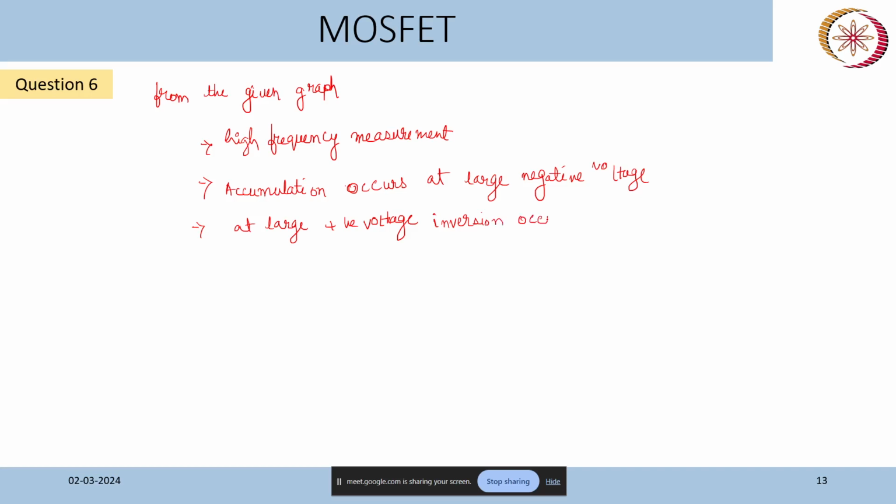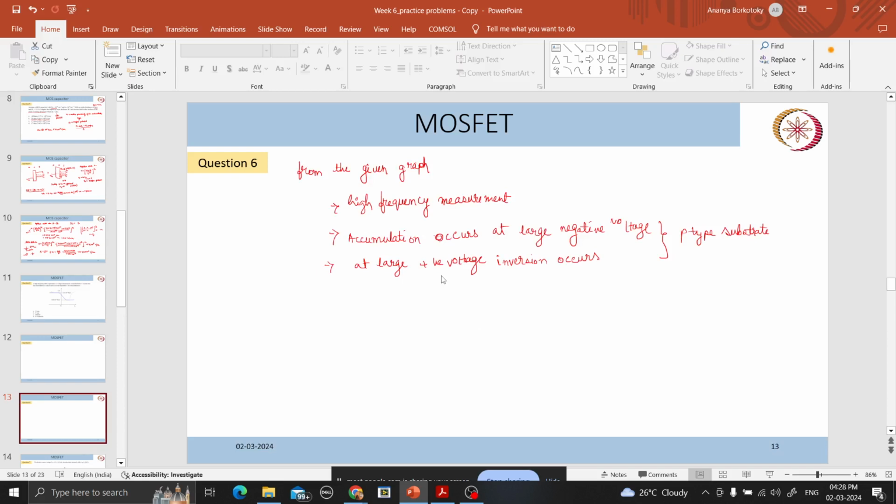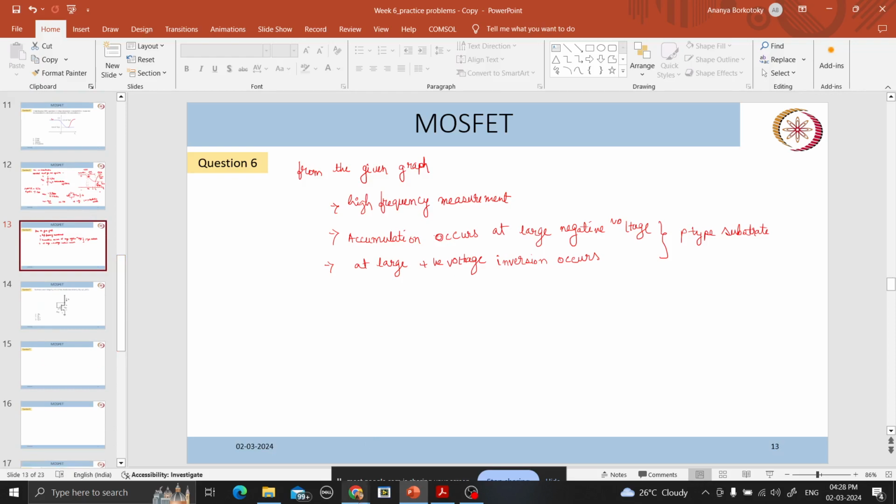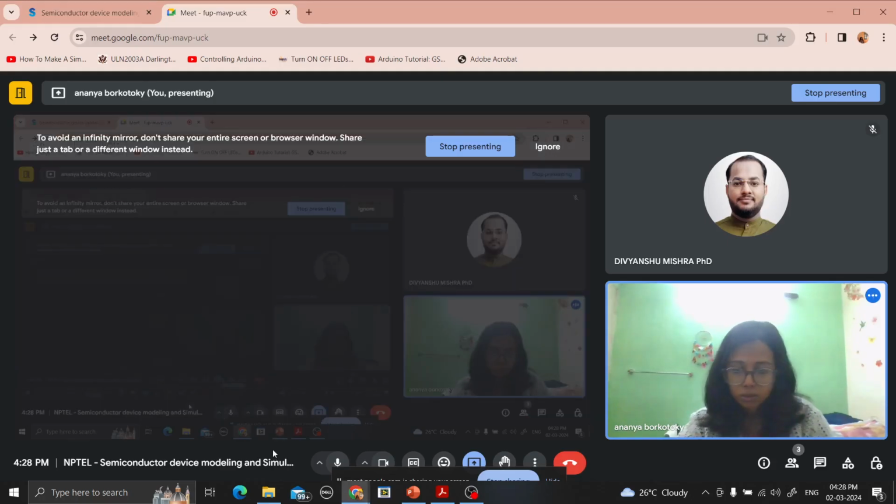Based on this we can say that it is a p-type substrate. I hope it is clear.